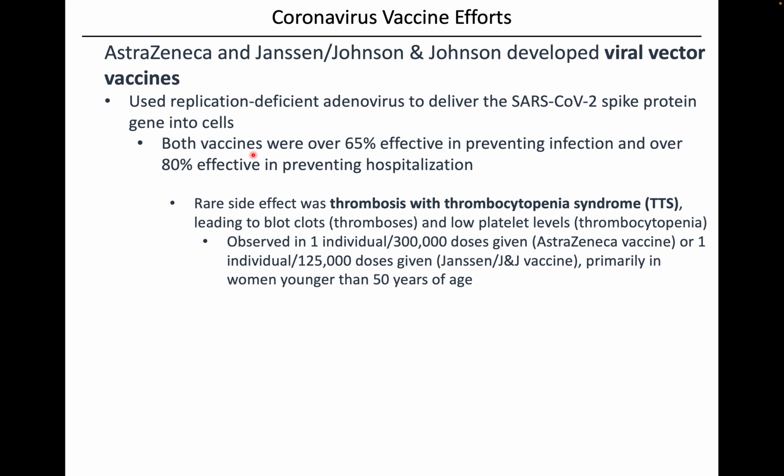And this was still very effective, a little bit less effective than the other vaccine we were talking about, but still good at preventing infection and hospitalization. Again, did have some rare but serious side effects: thrombosis, right, blood clots, low platelet levels in some cases.